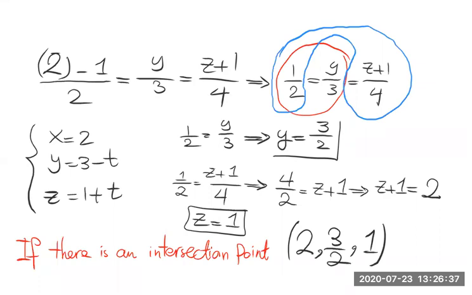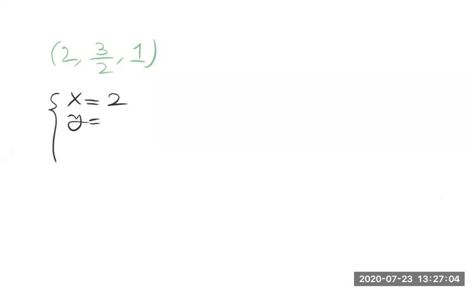Well, if it is, it should satisfy the equations of both lines. So I should see if it satisfies this parametric equation or not. That's the final step. So we have a point, 2, 3 over 2, and 1, and I want to see if it satisfies the parametric equation for the other line or not.